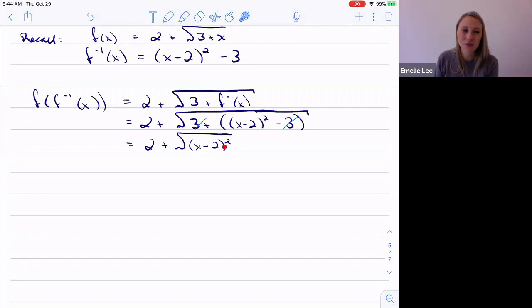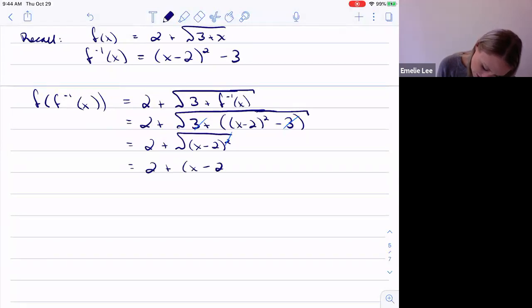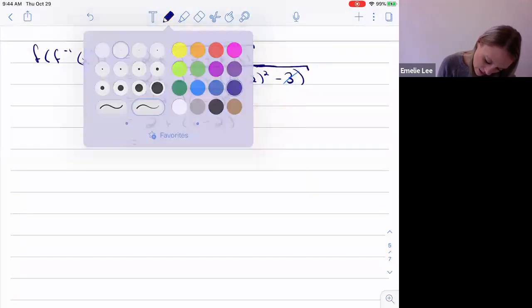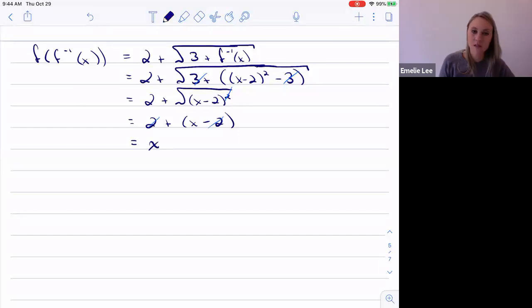The square root of something is really that something to the power of 1/2. 2 times 1/2 is just 1, so that's why they cancel. But I'll just kind of show it like this. And so 2 plus x minus 2 is really, 2 minus 2 goes away, x.